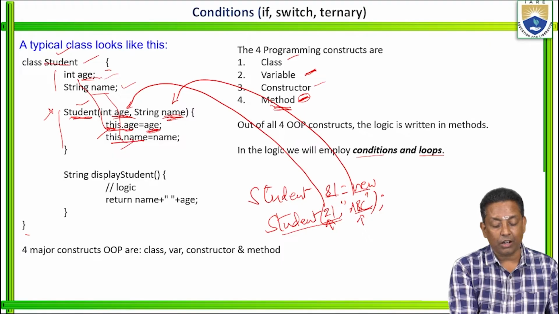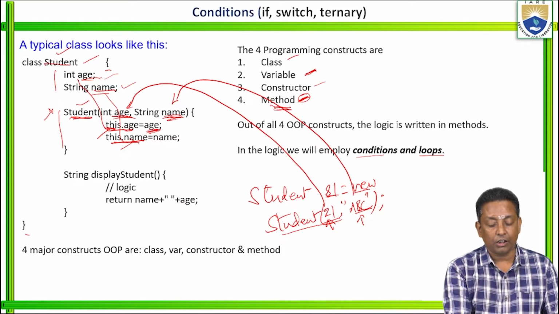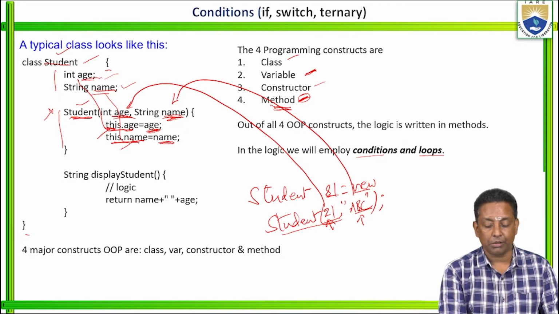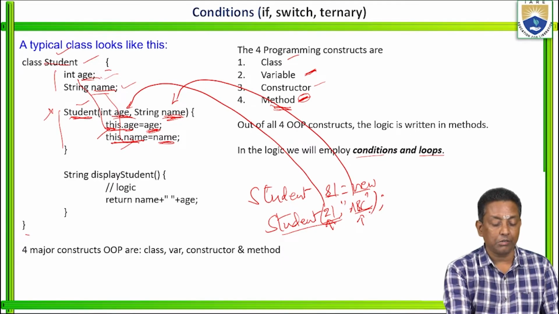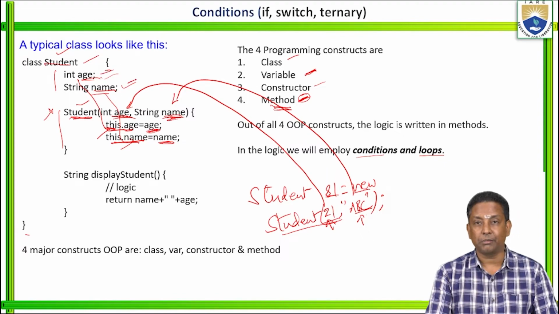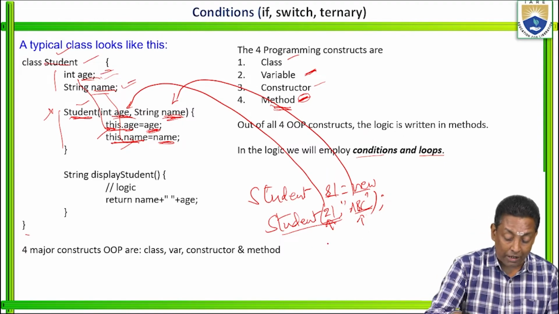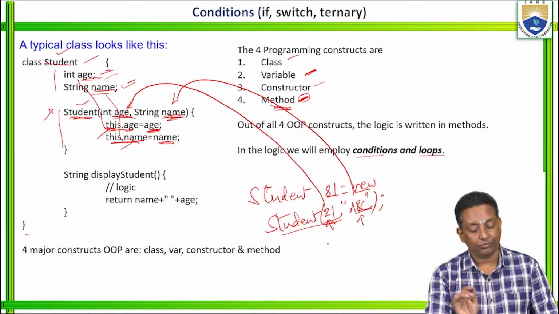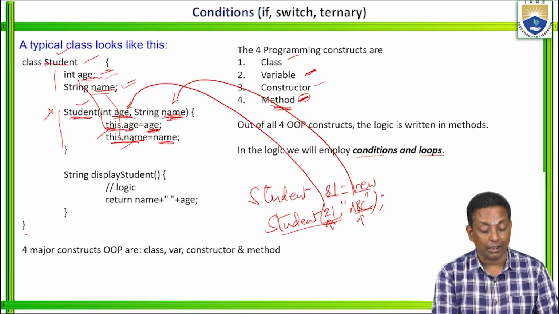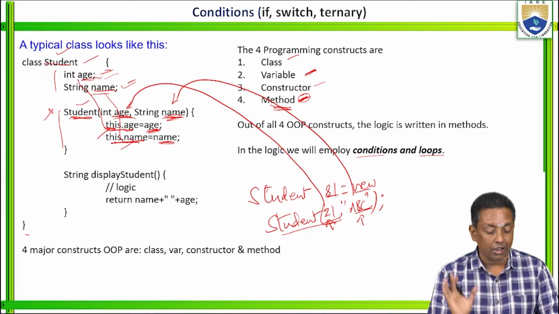Similarly, this dot name, the class instance variable name, is equal to the name parameter coming to the constructor and will be assigned to the class instance variable. So this 21 and ABC will be assigned to class instance variables by passing the values into the constructor. So the Student object is created using the constructor. There is a purpose of a constructor. We'll discuss constructors later in the object-oriented programming topic.